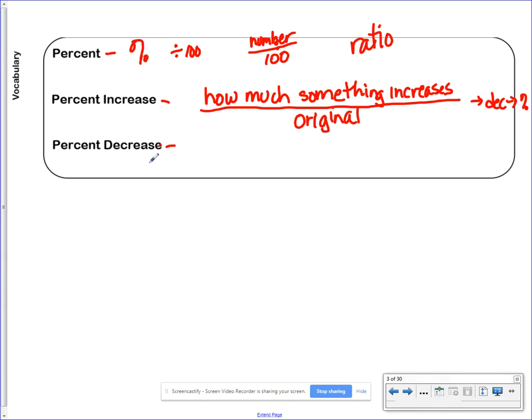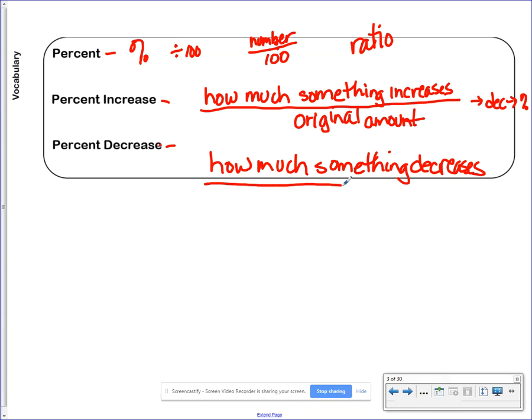Now, if you're quick, you might be able to figure out how we're going to define the percent of decrease. If this was how much something increases divided by the original amount, and I guess I should say amount there, then the percent decrease means how much something, ta-da, decreases divided by the original amount.